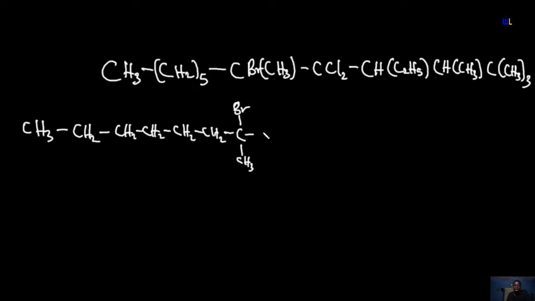Then I go ahead and I notice that in front of this carbon I have 2 chlorines, which means chlorine here and chlorine here. I move ahead and in front of this carbon I have hydrogen. Notice that I'm following this in a particular sequence. And then I have the ethyl group, so I have C2H5. The ethyl group can be on top and hydrogen is below. It doesn't mean anything.